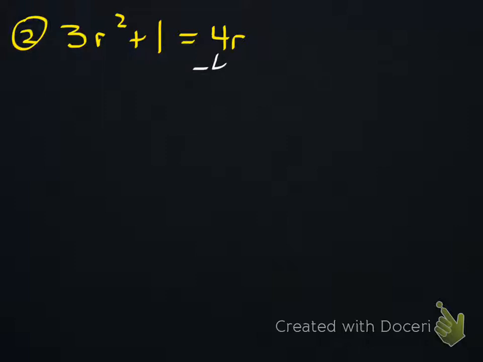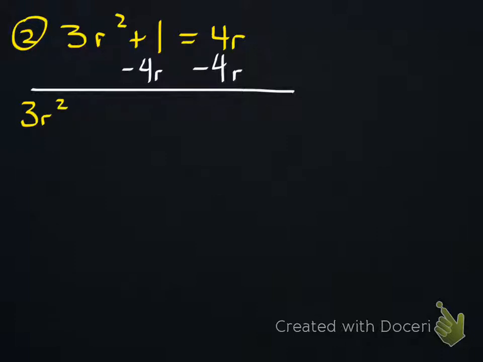So first step, move everything to the same side. And we have 3r squared. Is this 4r, minus 4r, going to go before or after this 1? Before.